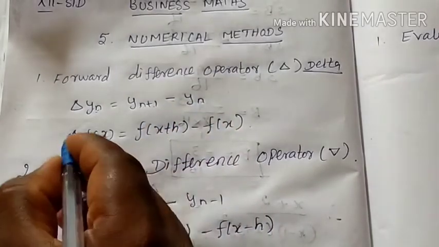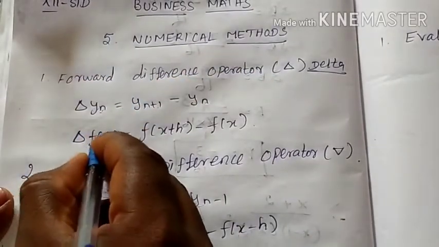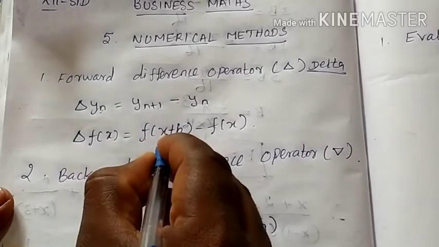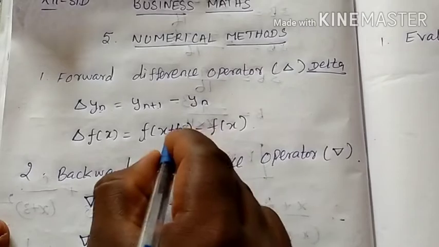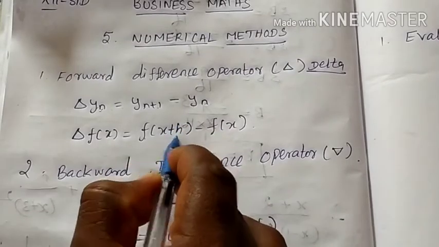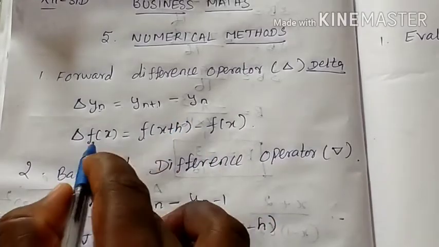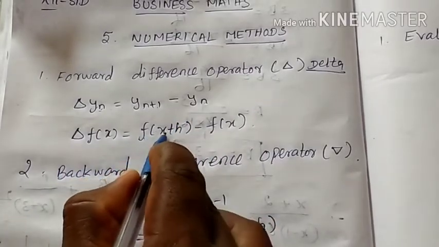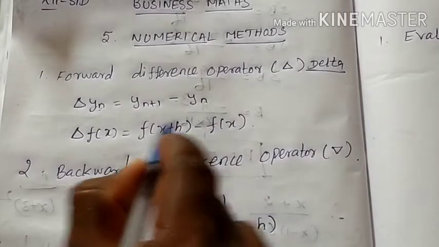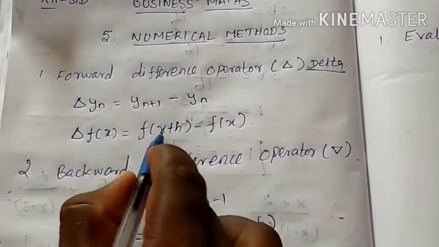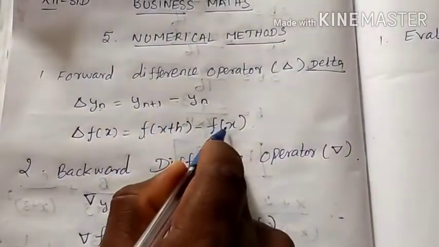Then the formula for forward difference operator: delta f of x equal to f of x plus h minus f of x. Here h is the equal interval of spacing. First, f of x becomes f of x plus h, then minus the given f of x.